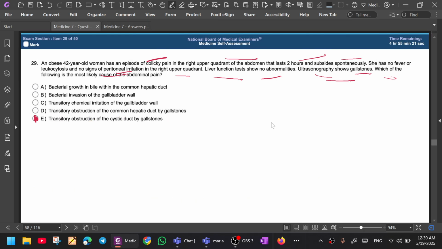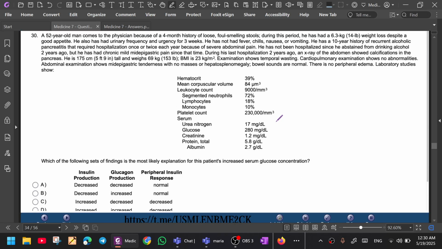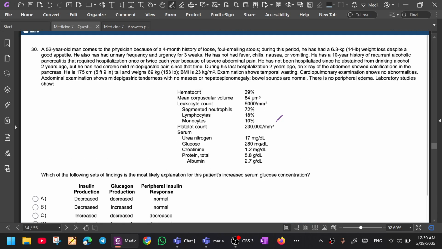A 52-year-old man comes to the physician because of a 4-month history of loose, foul-smelling stool. During this period, he has also had a 14-pound weight loss despite good appetite. He also has had urinary frequency and urgency for 3 weeks. No fever, chills, nausea, vomiting.